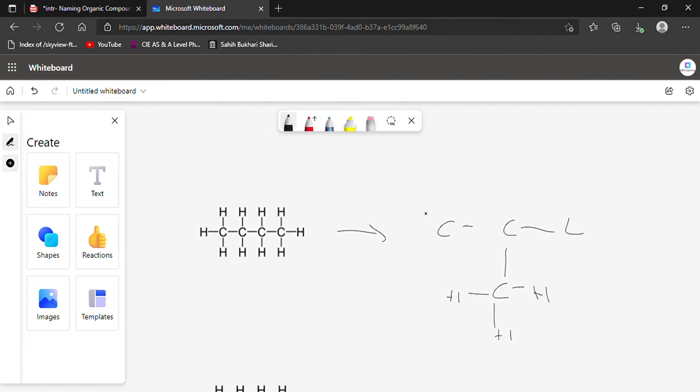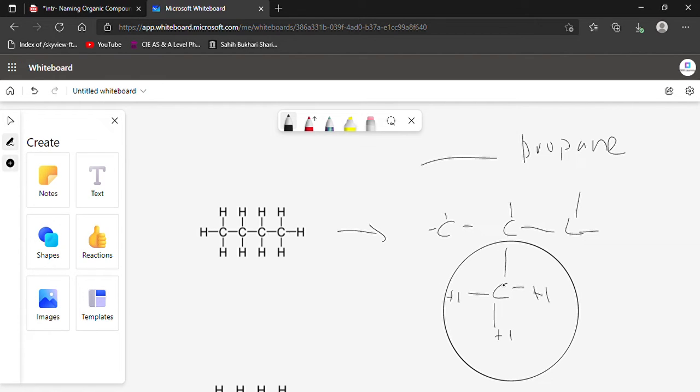Now the main chain, the longest chain that we have, is of 3 carbons, so this is a propane. But the prefix is going to be the alkyl group. This is of one carbon, so it's a methyl. So it's a methyl propane.